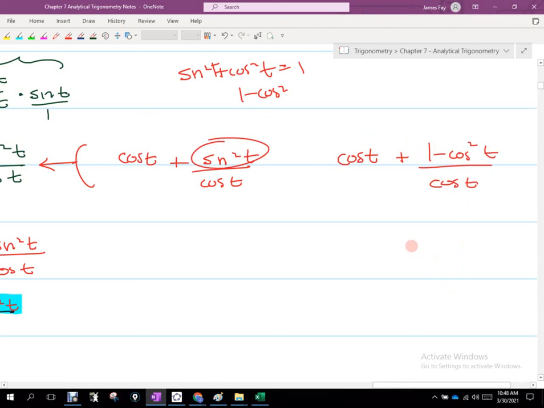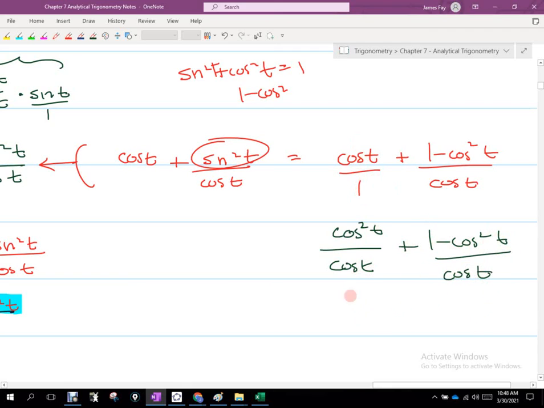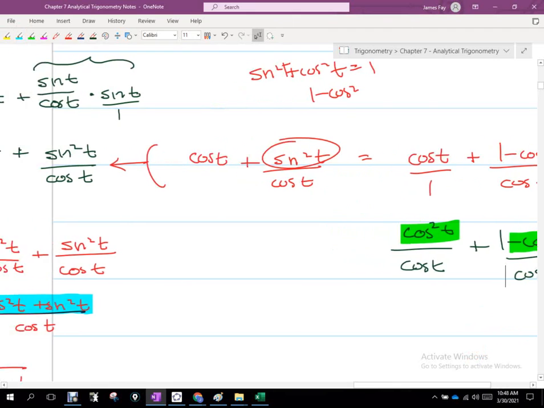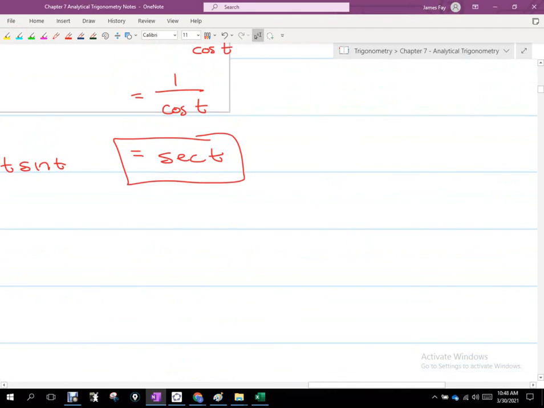Okay, still going to need what? So I'm going to add these together. Still need a common denominator. So I'm going to rewrite this as cosine squared t over cosine t when I multiply that by cosine over cosine. Plus then 1 minus cosine squared t over cosine t. Yeah, so when I add these together, that and that cancel each other out. Does it still leave you with 1 over cosine?